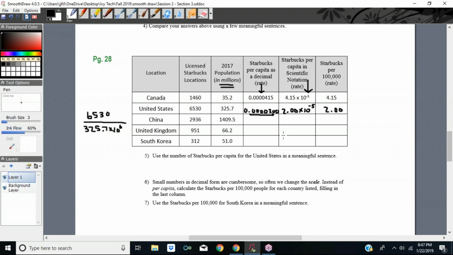So let me put the numbers in here for China, and you help me out with these right 2 blocks, and I'll just fill the rest in. So when I divided China's numbers, I got 0 point, and I got 5 zeros, and then 208. So if we're going to write that in scientific notation, it's going to become 2.08. I want to know what power it would be.